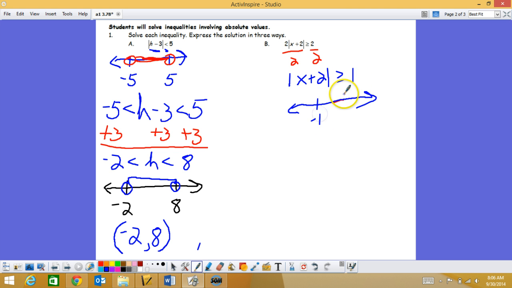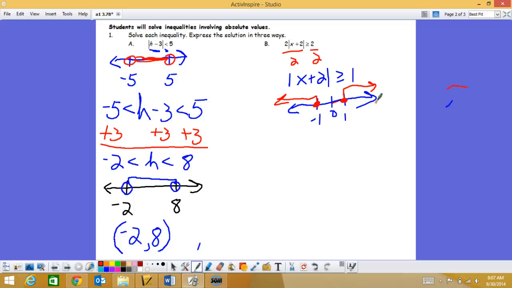Well, if we have 0 here in the middle, negative 1 and 1 are both 1 unit away. So what we're looking at here are those values whose distance is larger than 1 away from 0. So we're on the outside of those values.